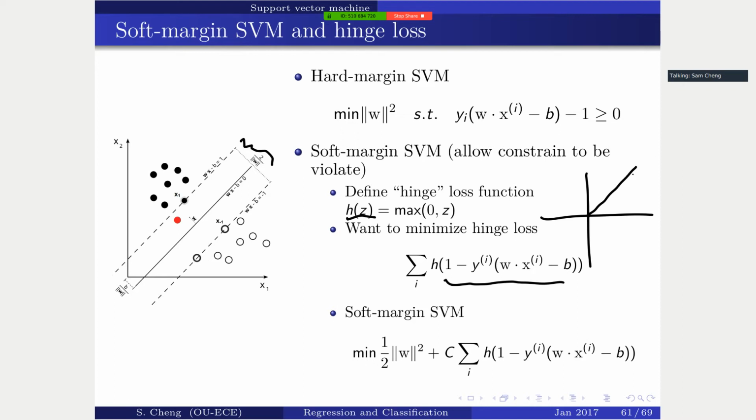But if it's positive, then it's just equal to the input argument. So if the constraint is not satisfied, you see this guy will be equal to some positive value, right? Otherwise it would be just equal to 0. So I can add this penalty into the cost, which is kind of similar to a Lagrange multiplier actually. Instead of the hard constraint in hard margin SVM, we introduce a penalty here like this.